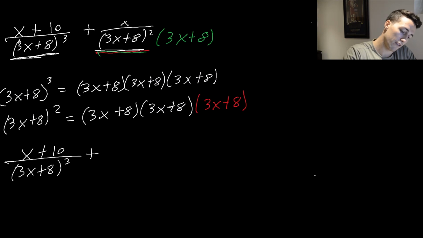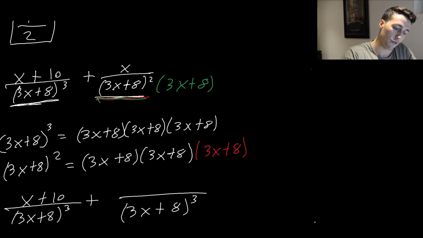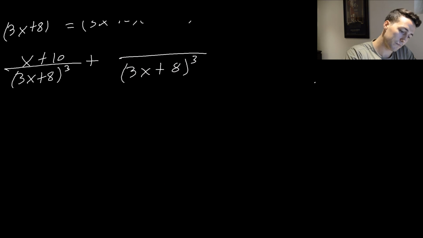So that's going to give us 3x plus 8 cubed in the denominator, but we have to do it to the numerator as well. So if we multiply the denominator by 3x plus 8, we need to multiply the numerator by 3x plus 8. So in the numerator we're going to get x times 3x plus 8.